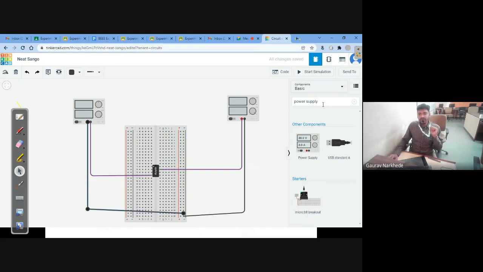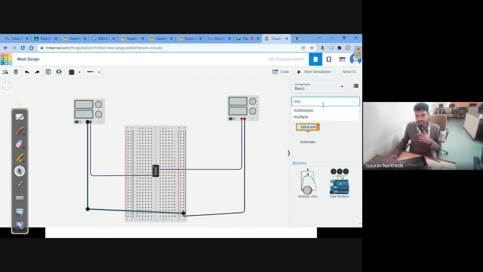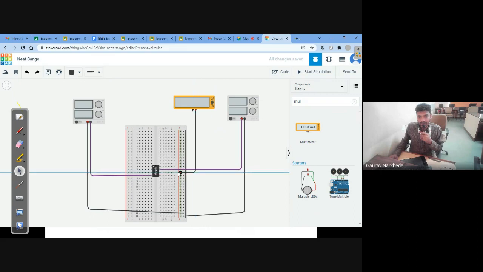Now if I want to measure the voltage at the output of the amplifier, I will use a voltmeter. Instead of a voltmeter, let me use a multimeter. I am using the multimeter just to check the voltage at the output terminal, and output is at terminal number 6, right? Let me check.